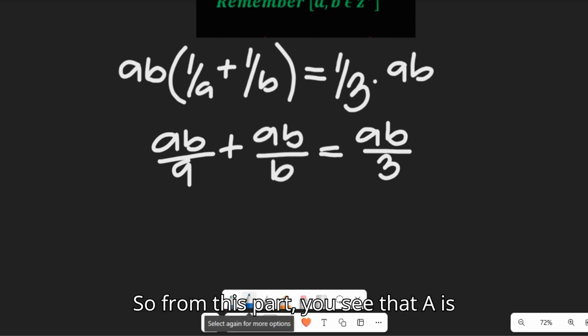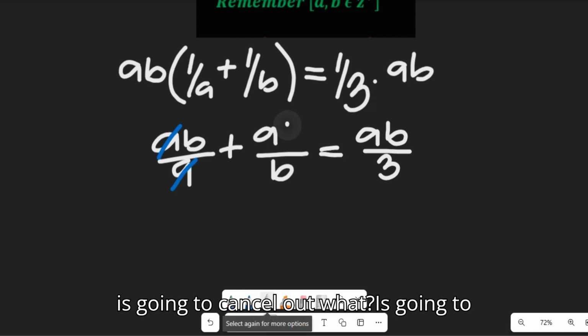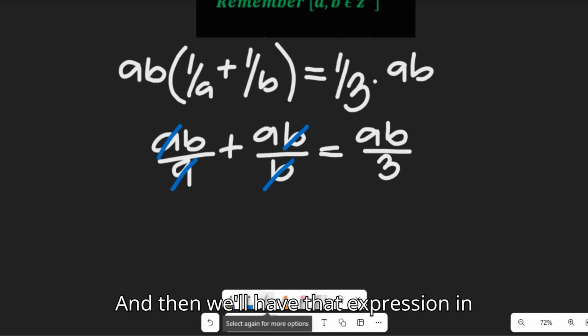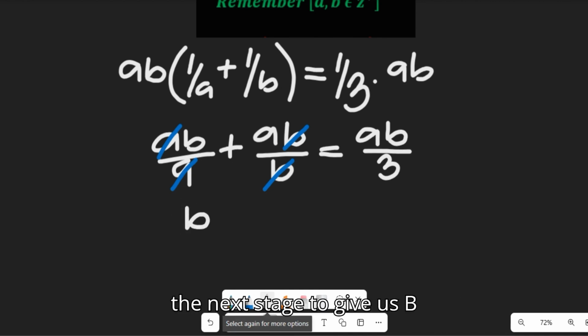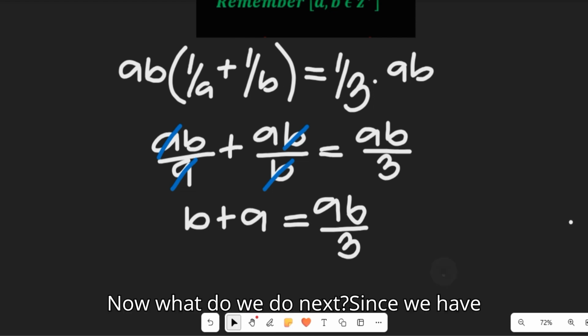So from this part, you see that a is going to cancel out a, and b is going to cancel out b, right? And then we'll have b plus a equal to ab divided by 3.